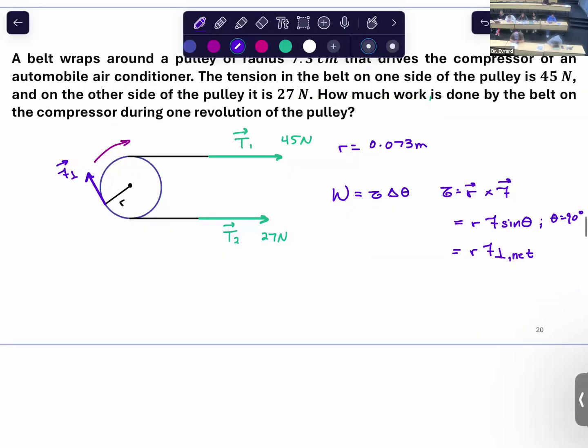What do I mean by that? How do I figure out the net perpendicular force? What have we been doing? Add them. Yeah, sum of forces.